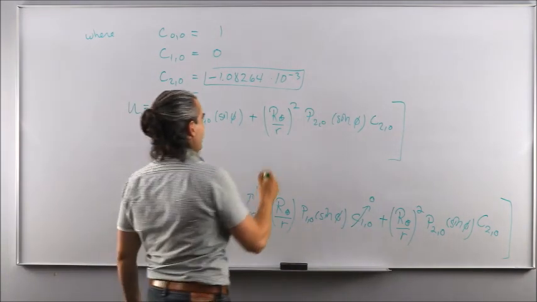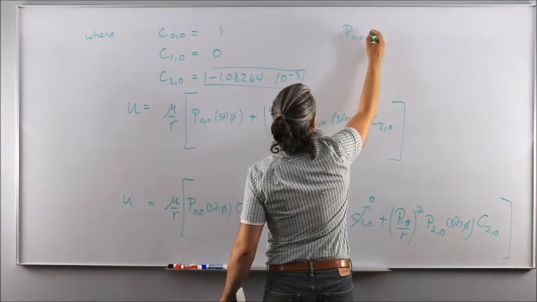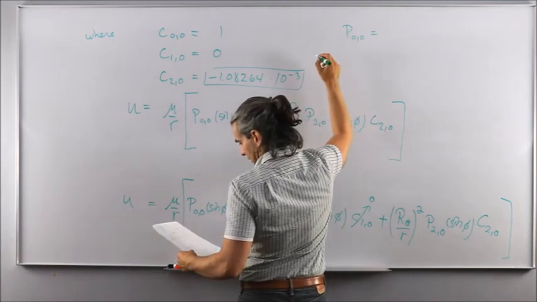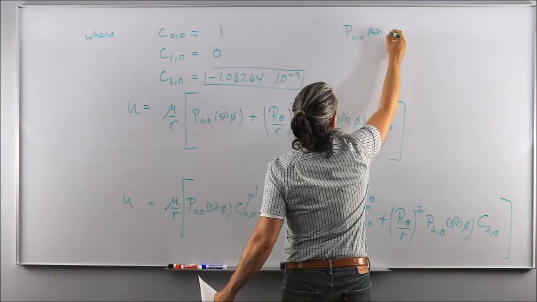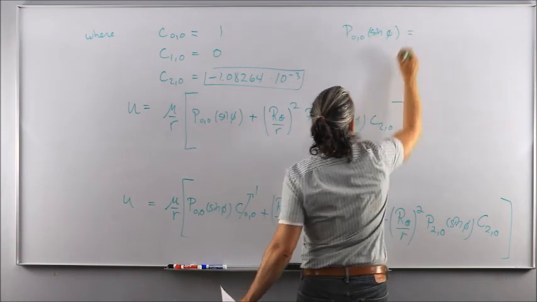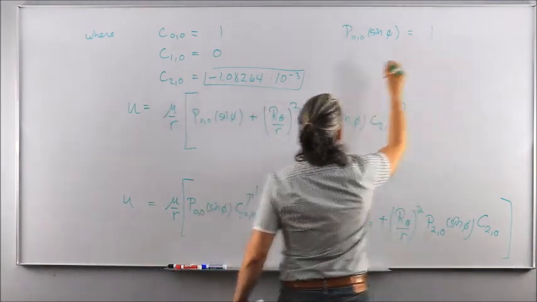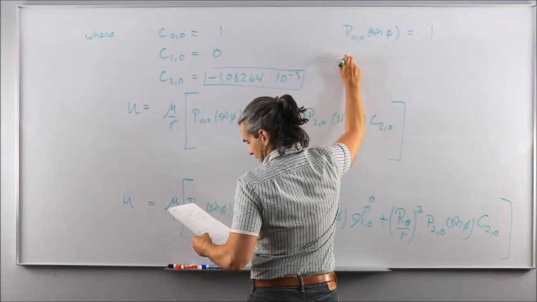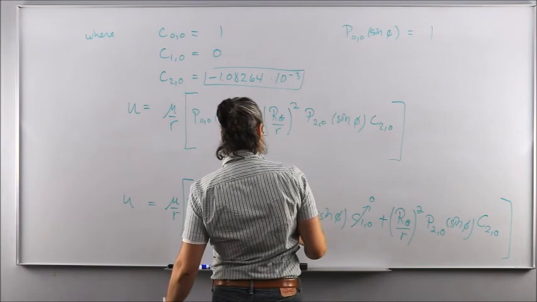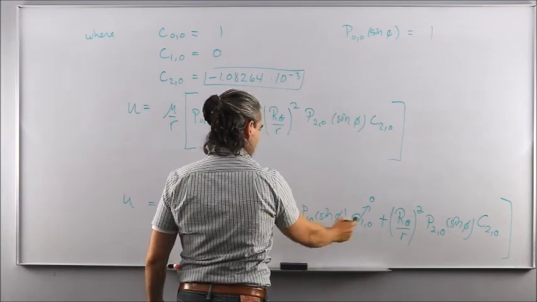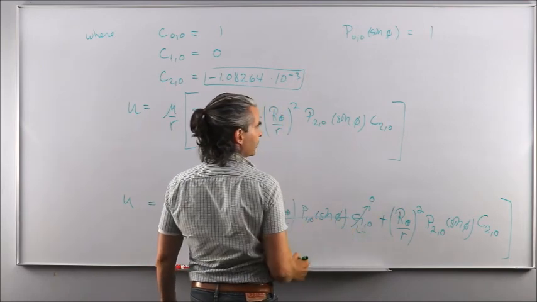Now let's go back to our Legendre polynomials, and specifically degree 0, order 0. If you remember, for an arbitrary function x, I had told you that the answer was just 1 for 0,0. That remains the same. Do we need P1,0? No, we don't need P1,0 because this term got cancelled by virtue of this geopotential coefficient being driven to 0.